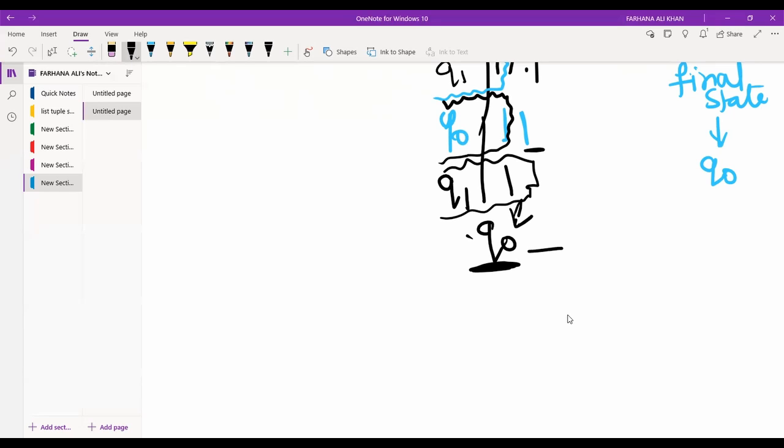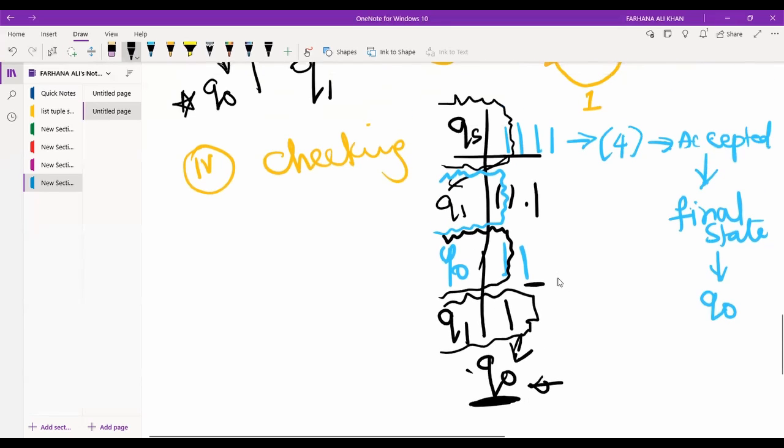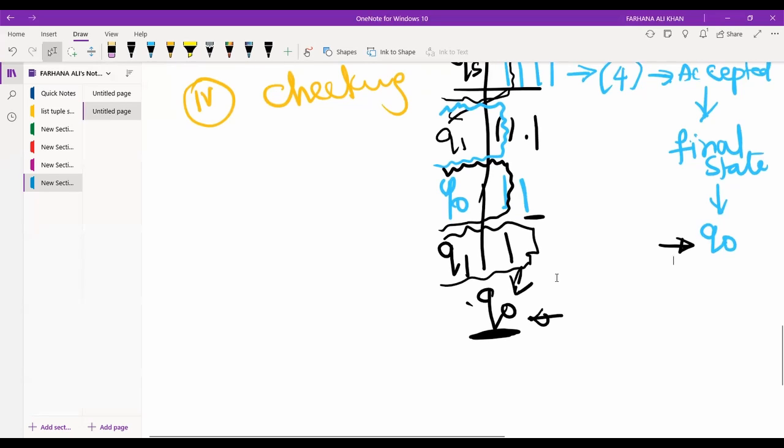So we can answer your question whether the number 4 is divisible by 2 or not: we ended with the final state Q0, and we had already assumed that if we reach the final state, the string is accepted. The string is perfectly divisible by 2, and the machine that you have generated, the finite automata, is designed correctly.